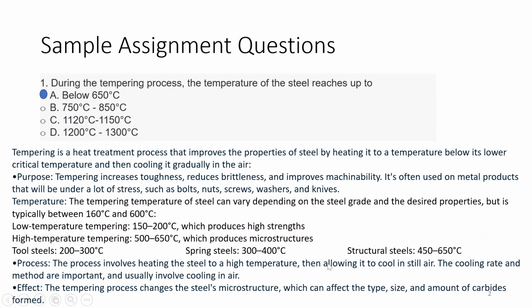So tempering is a heat treatment process which improves the properties of a steel by heating it to a temperature below its lower critical temperature and then cooling it gradually in the air.